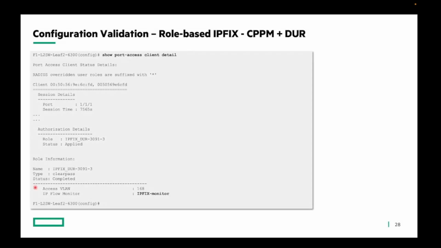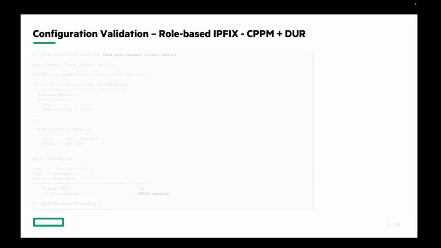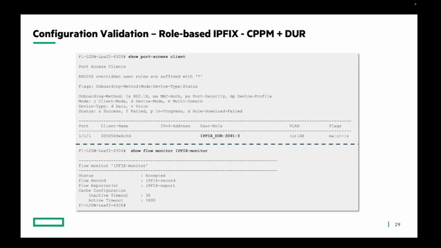So if I come back to the switch, IPFIX DUR is my role and it's getting applied, and the IP flow monitor is IPFIX monitor, the naming convention, with VLAN 168, for example. So port-access client, if I do, you'll see the user role and the VLAN, etc.